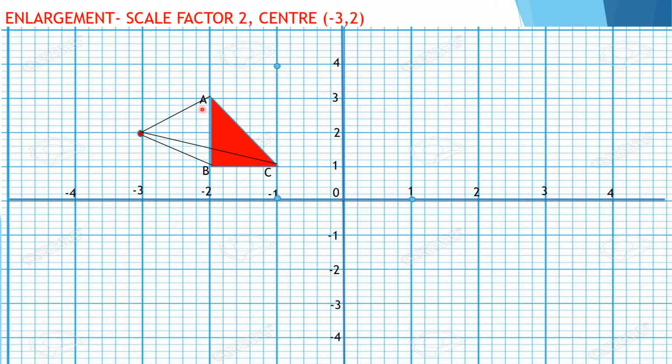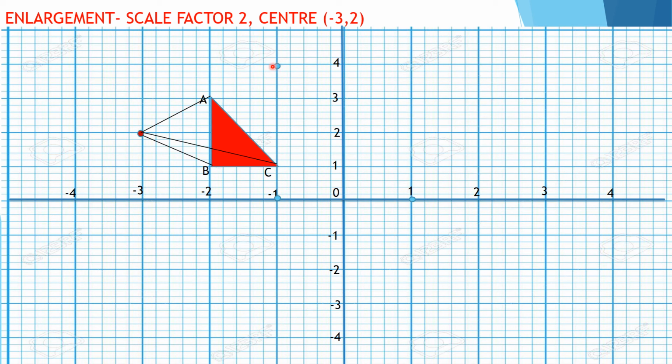You can see it, A is 1 square unit above the center and 1 square unit by the side, that is, on the horizontal. So if we multiply by 2, we are going to have 2 square units. Because A is above the center, we'll move 1, 2 above and then 1, 2 by the side.